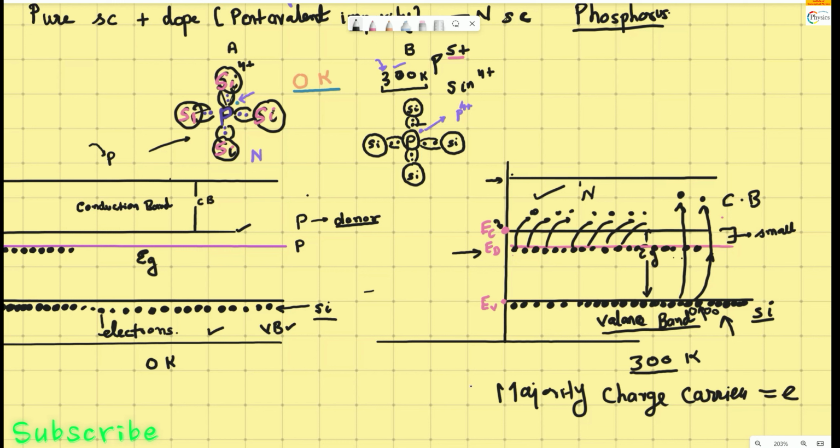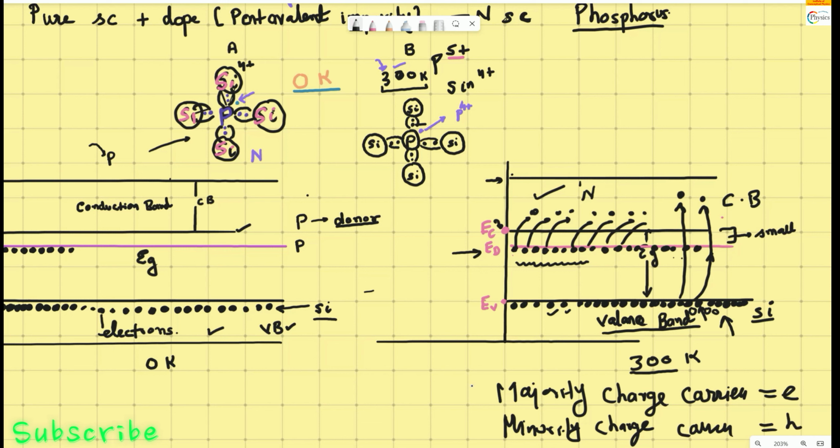But if we talk about the minority, you still have some holes which are left behind at the silicon level in the valence band. Very few electrons leave from there. Most of them actually come from the donor level because they're easier. So the minority charge carriers are also there, and they are holes.